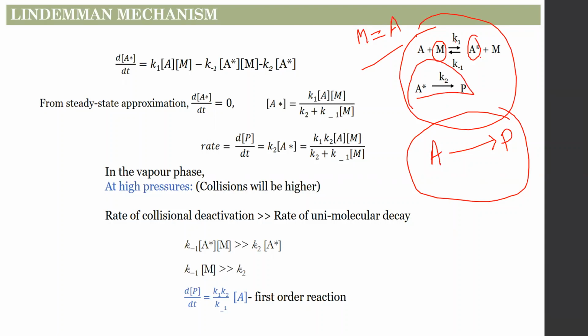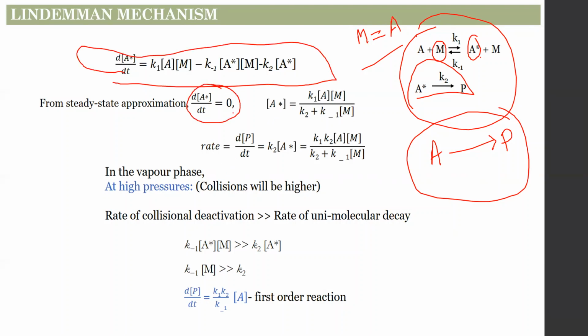So he assumed different rate constants for each reaction and wrote the rate law for the concentration of the intermediate, equating it to 0 according to the steady state approximation, and obtaining the concentration of A star. Substituting in the rate law gives the direct rate of production of product.